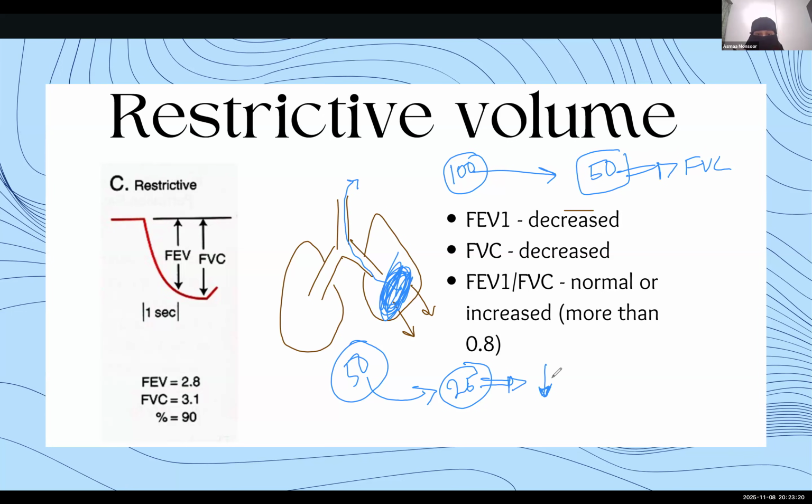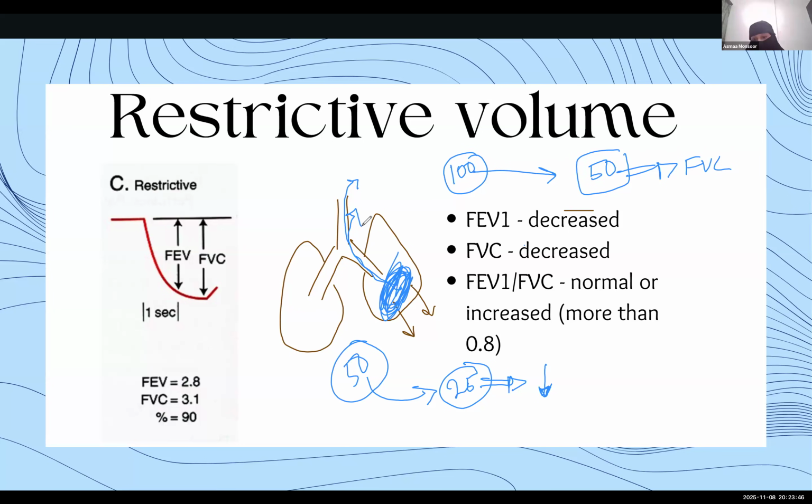For this you need to have proper exhalation and patent airways. In restrictive diseases you do not have any problems with the airway itself. The airways are intact, and so when you want to exhale, the air goes outside quickly enough. That is why the FEV1 to FVC ratio is normal or sometimes higher.